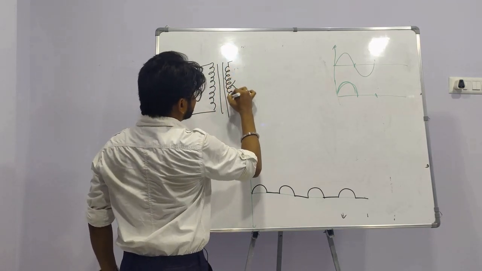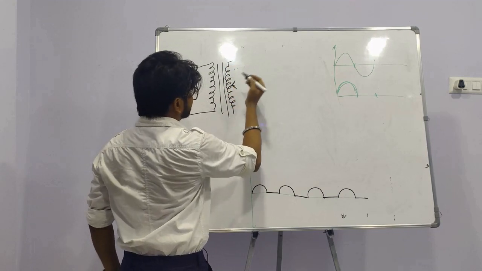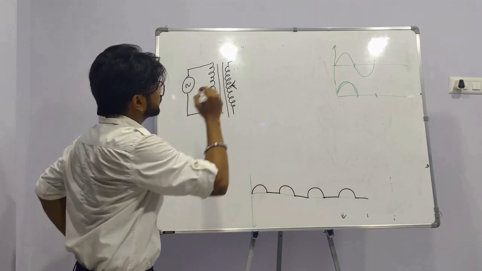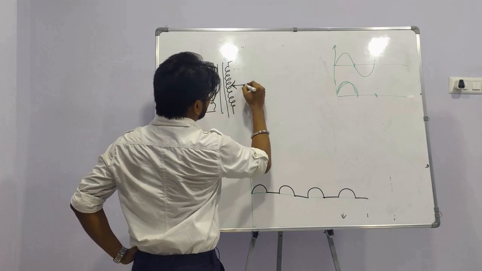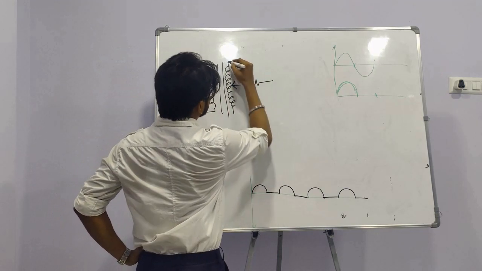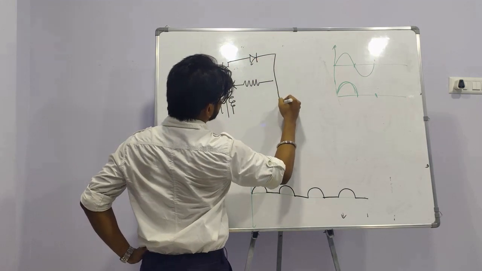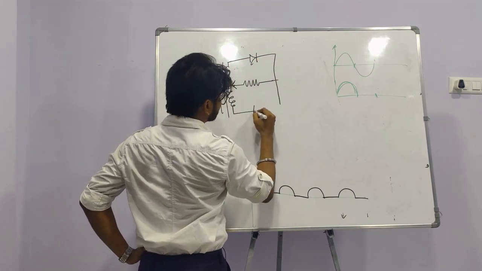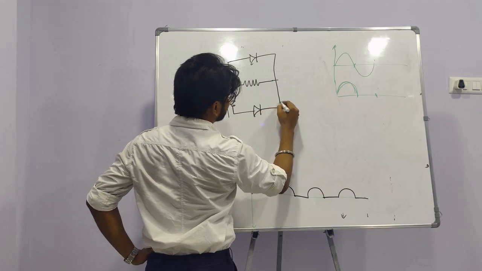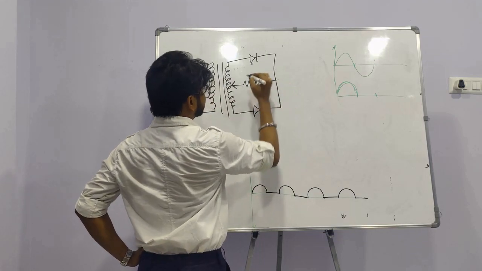That means the connection is done in the center. So here the load resistance is present here, and we have two diodes in this manner. So this is load resistance RL.